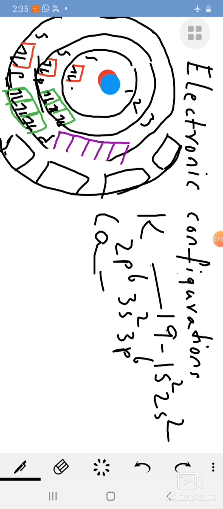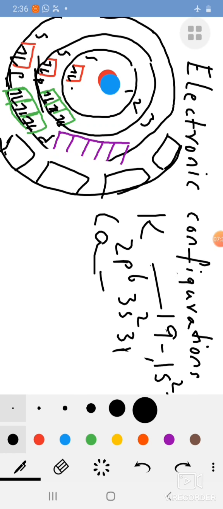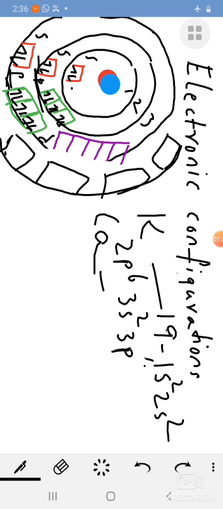Here count that 2, 4, 6, 10, 18, and the last electron enters into 3d, but it is not correct. The last electron enters into 4s. After 3p6, the electron enters into 4s1.